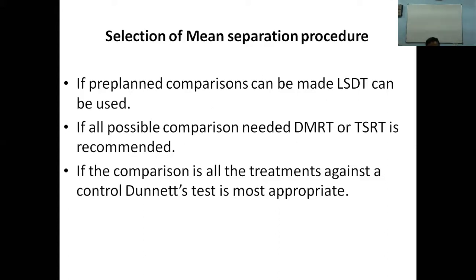Suppose you have a small number of treatments to be compared, then we can use least significant difference, LSD. If you have a large number of treatments to be compared, with all possible comparisons, then we can use DMRT or Tukey's honestly significant difference test.